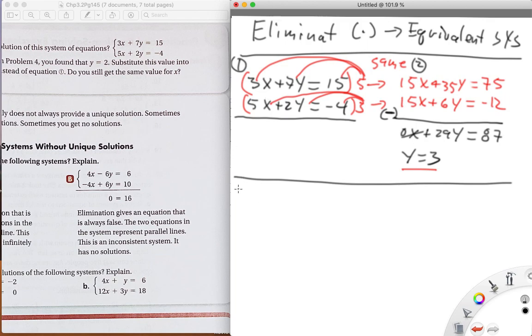This one will be 3x plus 7 times 3 equals 15. So this gives me 3x plus 21 equals 15.